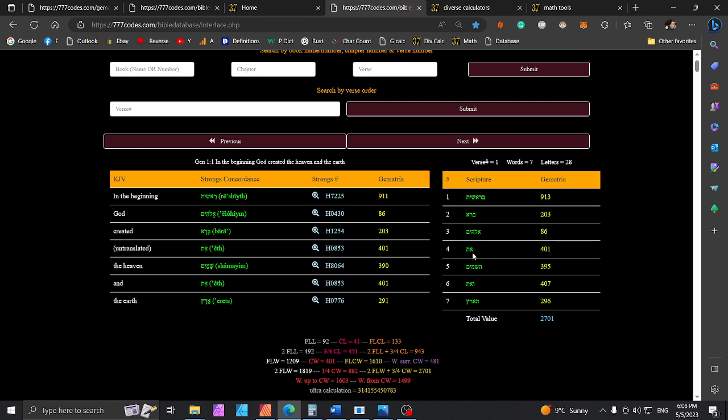That is because the first letter of the Hebrew alphabet is named Aleph, while the last letter is named Tav. And this center word is actually just the first and last letters of the Hebrew alphabet.